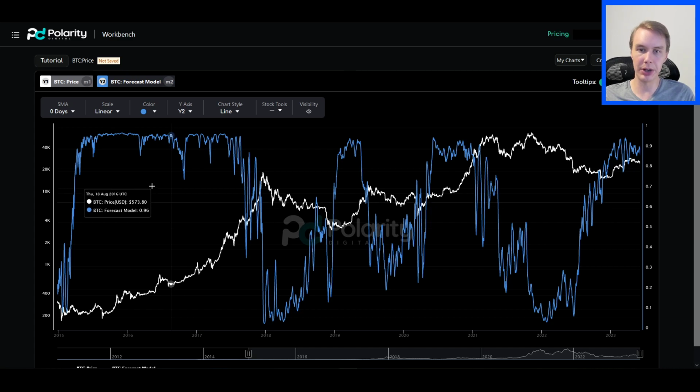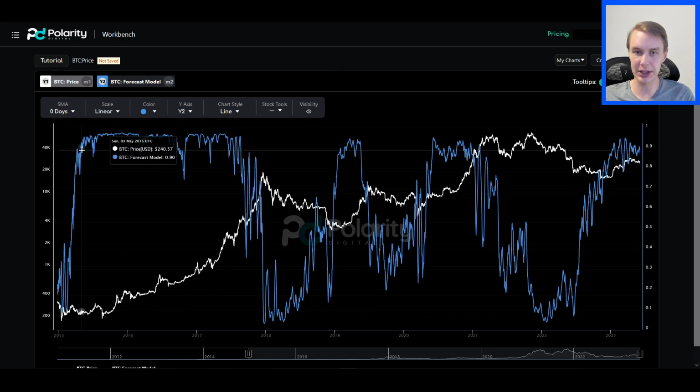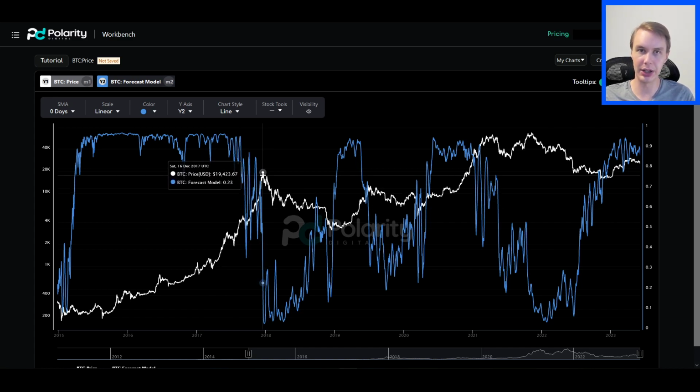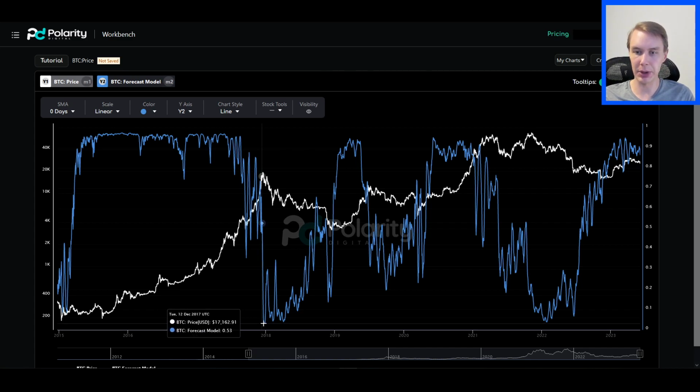You see this model does a fantastic job of identifying these cycles, these times when it's a bull market, when being bullish makes sense, when the price of Bitcoin is very likely to be up 6 months in the future. And then it rides that wave all the way up. But as we get into the peaks, like for example here in 2017, the forecast model gets very bearish.